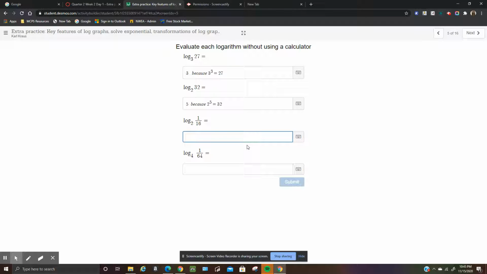This one is negative 4 because 2 to the negative 4th is equal to 1/16.